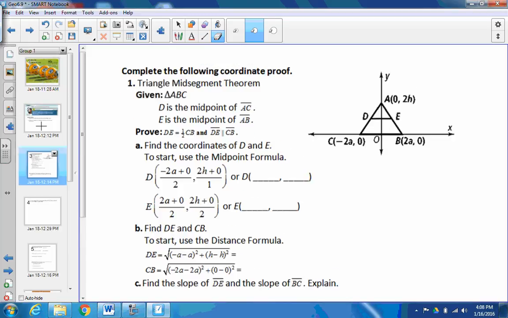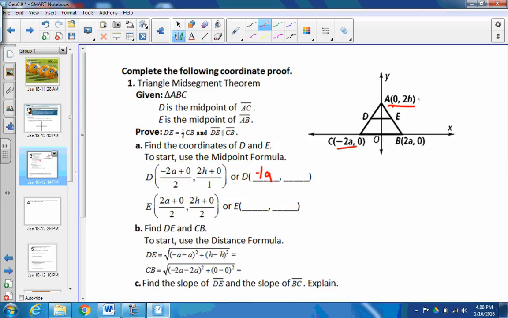So the midpoint formula for D: it's between C and A, so we're going to use these two points. The midpoint formula is the average of the x's, so negative 2a plus 0, divided by 2. So that'll end up being negative a.